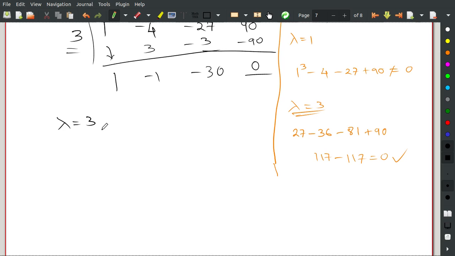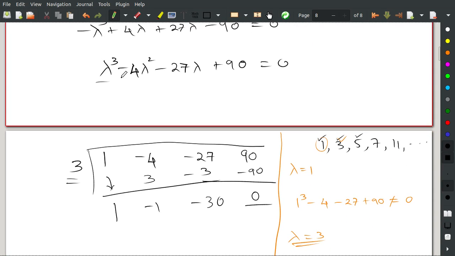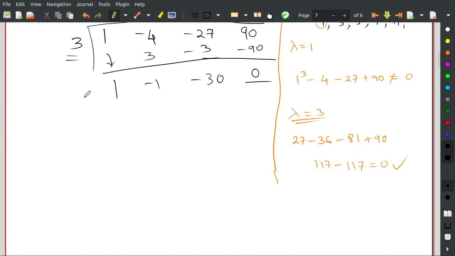And for the remaining eigenvalues, let me rewrite the above equation. This lambda cube minus 4 lambda square minus 27 lambda plus 90 can be written as lambda minus 3, into, these are the coefficients of the quadratic equation.